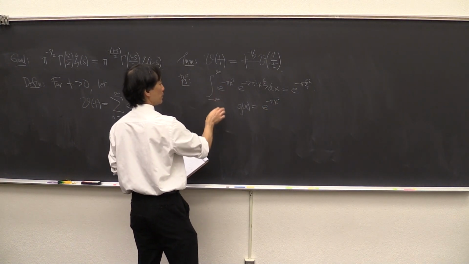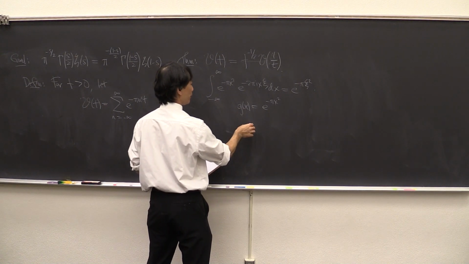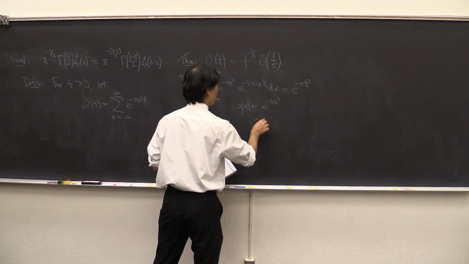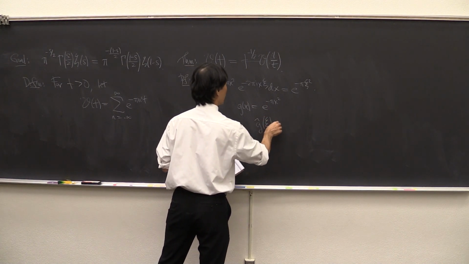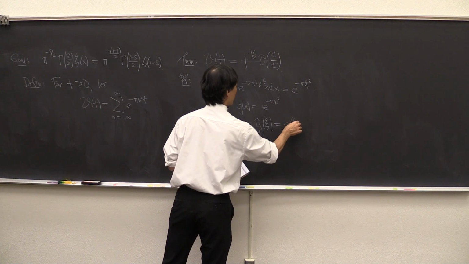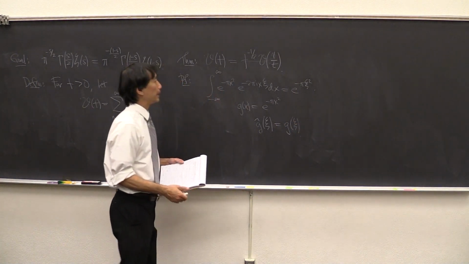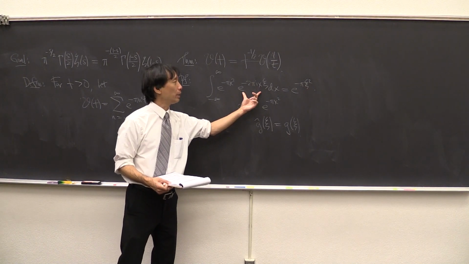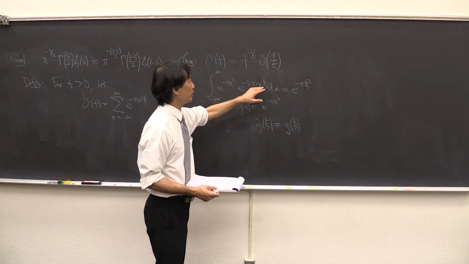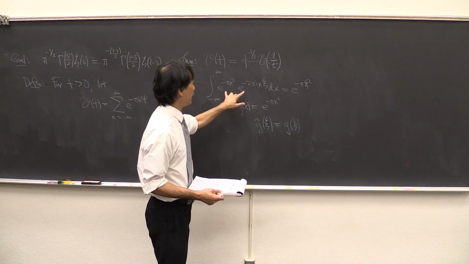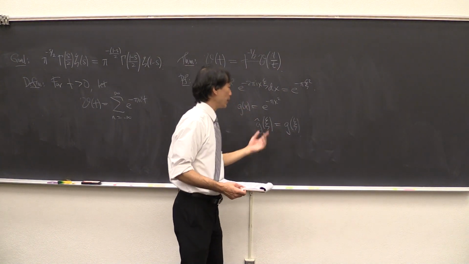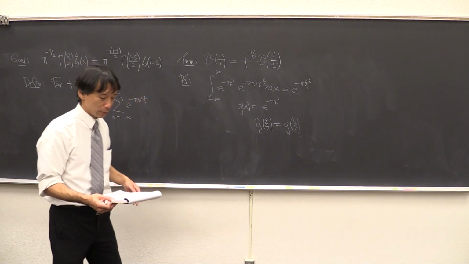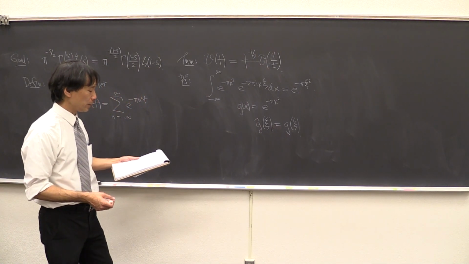Then what this says for the Fourier transform is that the Fourier transform of g equals g. You're taking the function, integrating against this character, and you see that the Fourier transform of this function, the Gaussian distribution, is just itself.